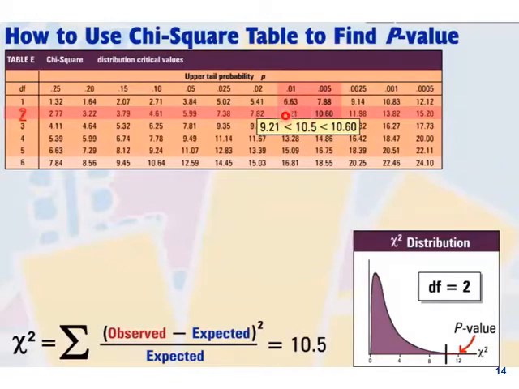It's greater than 9.21 but less than 10.60. So from here to here is the p-value.